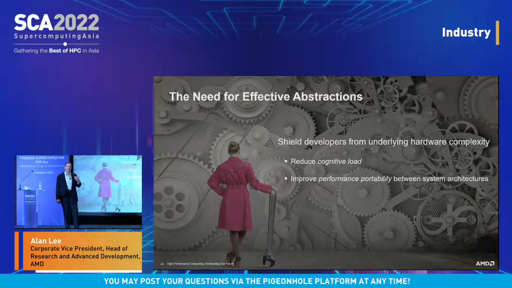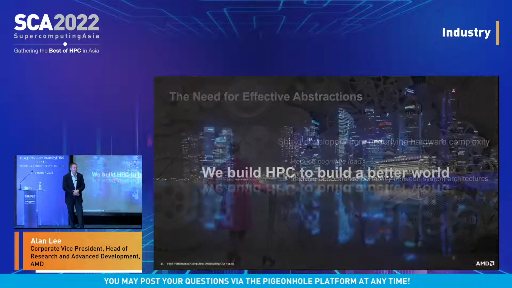What these abstractions are doing is enabling programmers, enabling scientists, whether they're biologists or metallurgists or whether they're working on mechanical engineering or civil engineering problems, to basically be separate from the HPC system itself and really focus on their domains of expertise to solve problems that are important for the rest of the world.